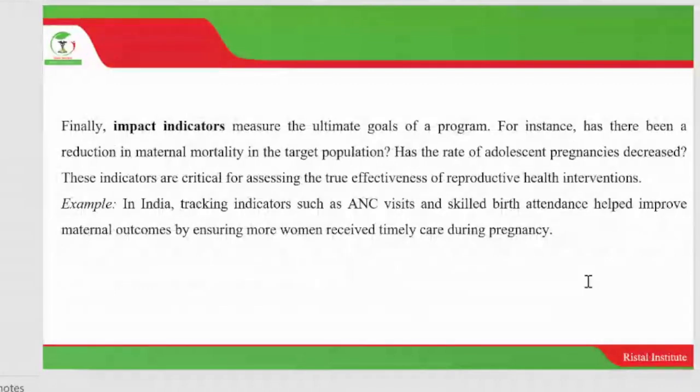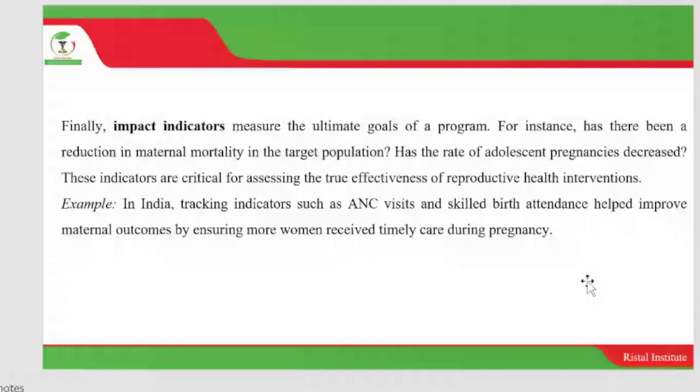So finally, we have the impact indicator that measures the ultimate goal of a program. For instance, there has been a reduction in maternal mortality in the target population. Has the rate of adolescent pregnancies decreased, or has it not decreased?